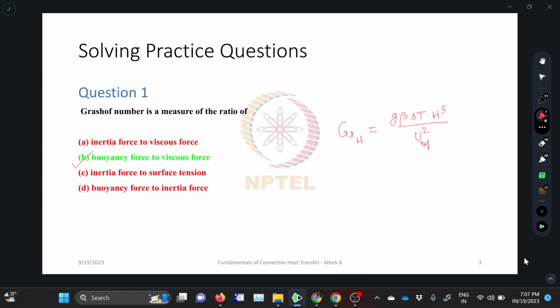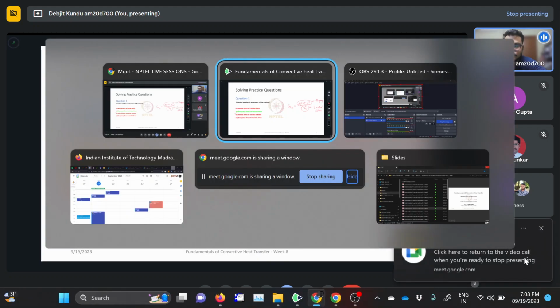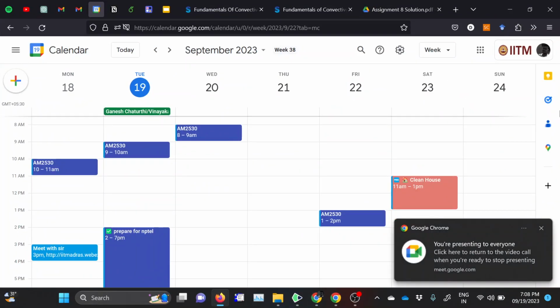So this is what corresponds to the inertial forces, and the numerator corresponds to the buoyancy force. Okay, this should be viscous forces, right? Did I do this correctly? I'll quickly have a look at what the Grashof number is.